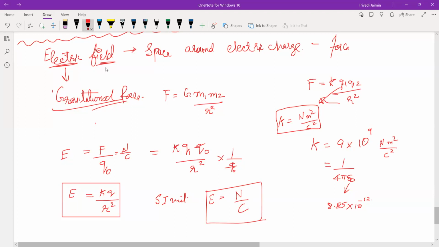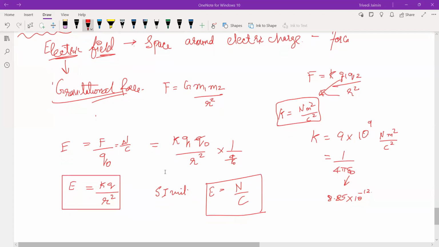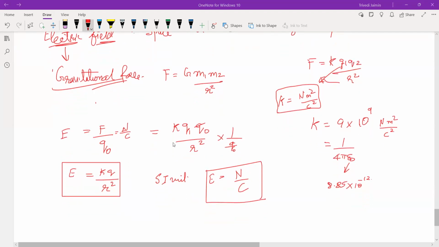Okay. Will you remember the unit? Yes, sir. Now, can you get me the dimension? Very quick. What is the dimension for force?